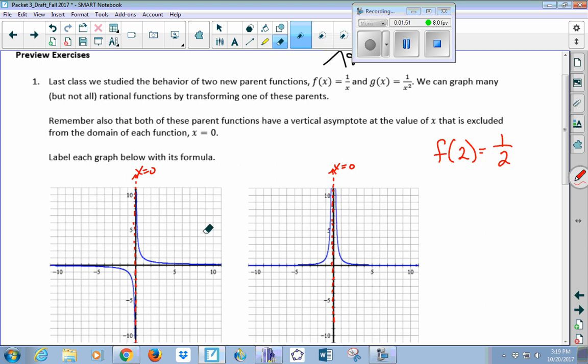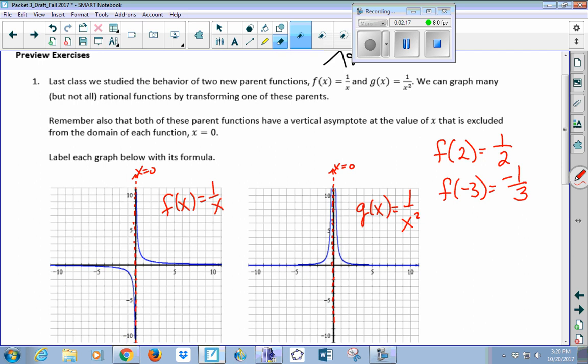That means right now it could be either this first graph or the second. However, if we look at a negative value, we know the reciprocal has the same sign. So for negative values of x, we have to be below the x-axis. So this is f of x equals 1 over x. And therefore, this one is g of x equals 1 over x squared.